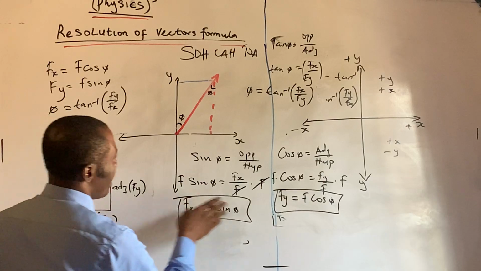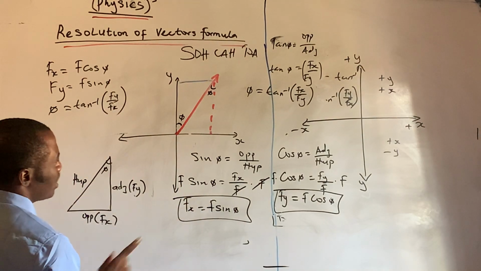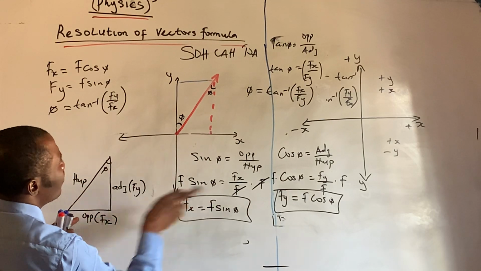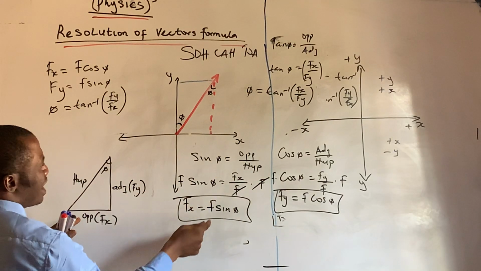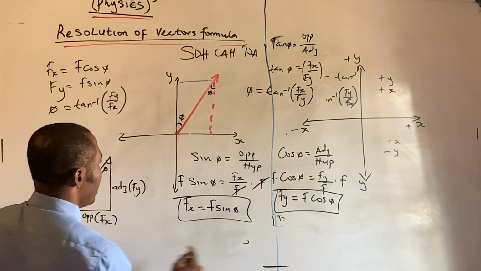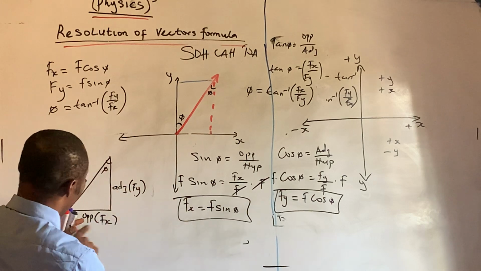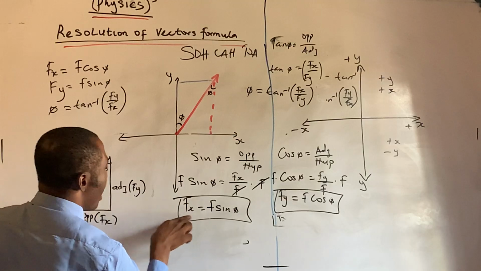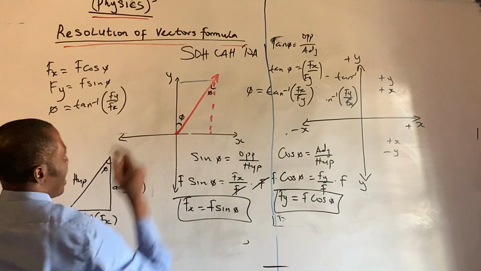Now, for over here, if the angle is inclined towards the y-axis, understand that f of x, which is actually the vertical component, is now f sine theta, instead of f cos theta. You understand that? Then the horizontal component now is equal to f sine theta. That is for the horizontal over here, if the angle is inclined towards this side.